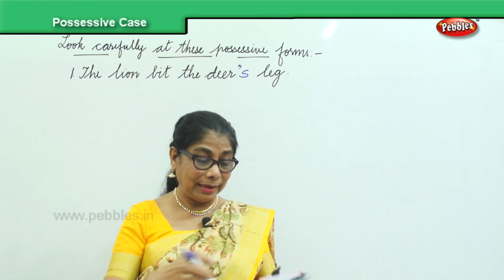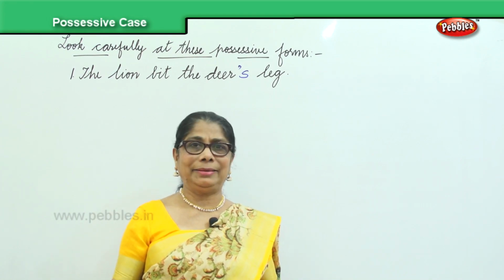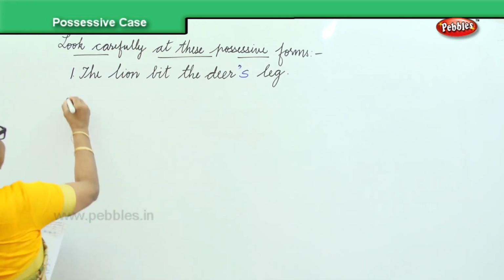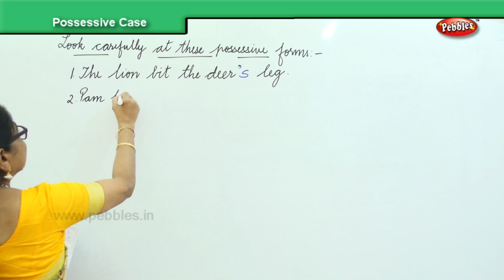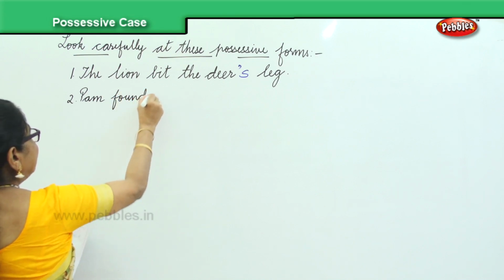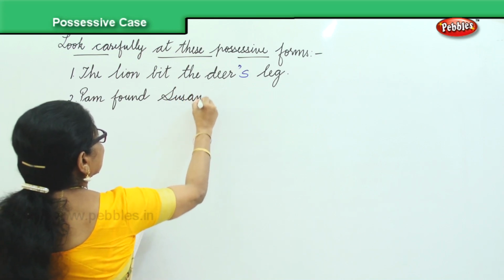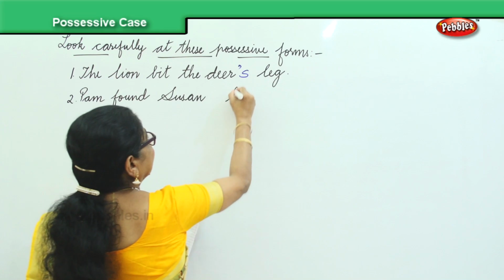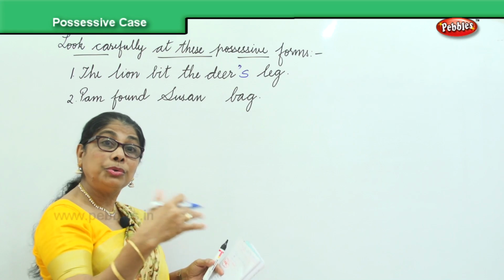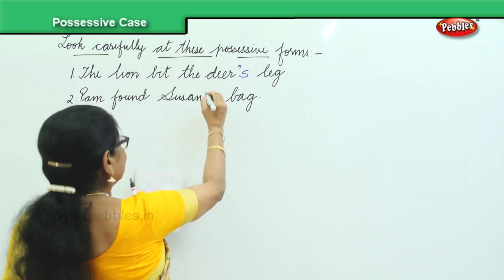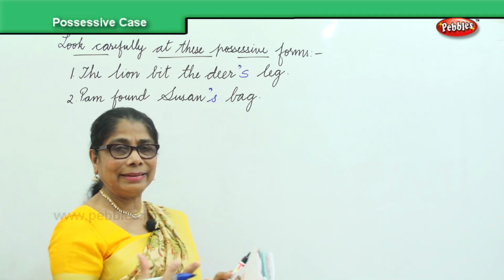Whose leg? The deer's leg. The next one, Pam found Susan's bag. Okay? Pam found Susan's bag. Susan's bag. Deer's leg. All right?